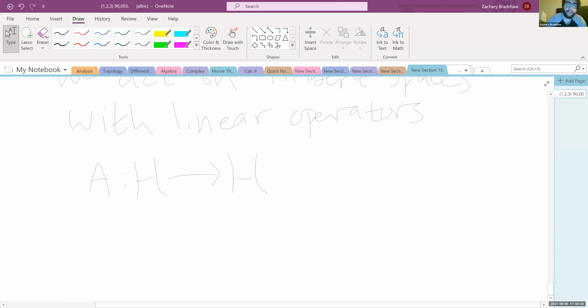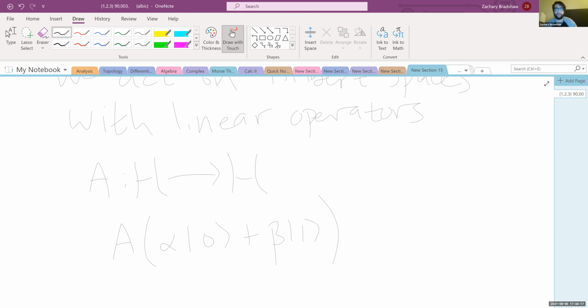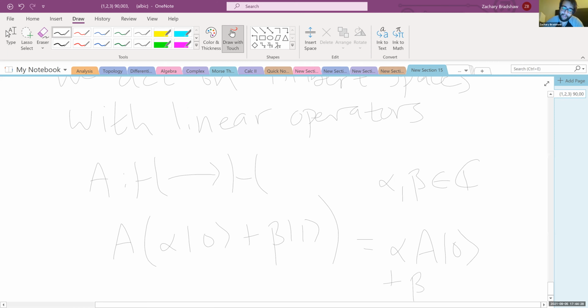So the linear property just means that if A acts on, let's say, alpha 0 plus beta 1, for example, where alpha and beta are both complex numbers here, then this is the same thing as alpha times A acting on 0 plus beta times A acting on 1.